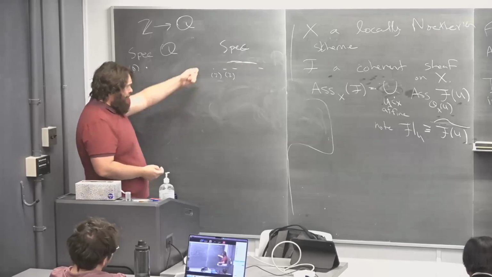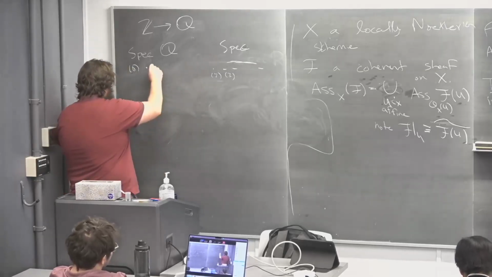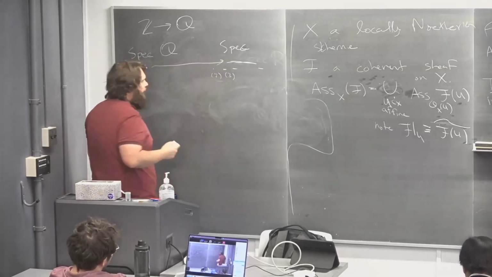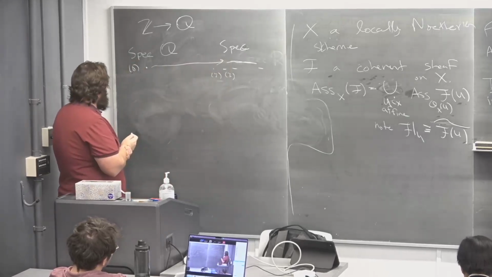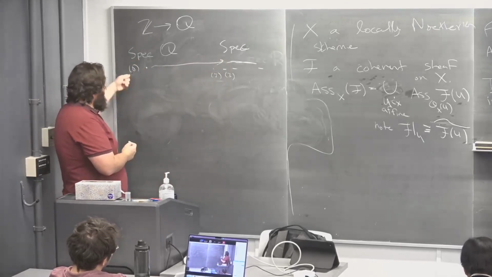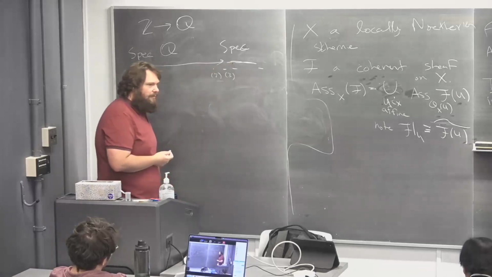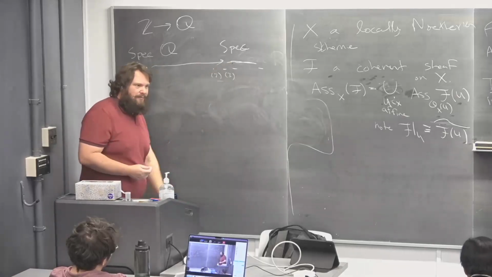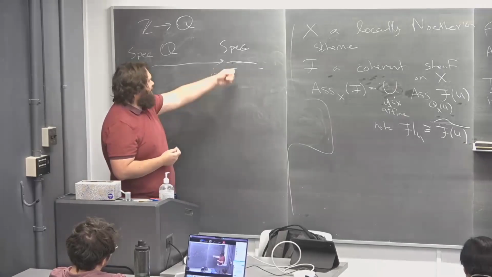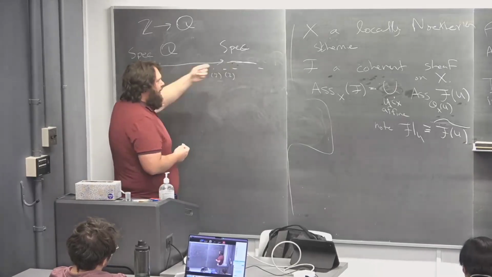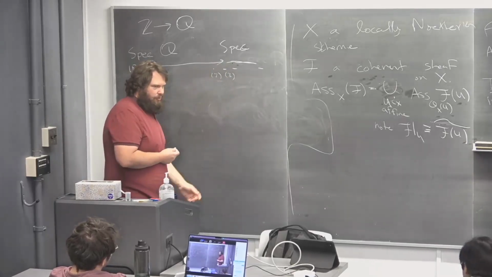The pre-image of the 0 ideal in Q is the 0 ideal here. So if I did the thing that corresponds to this ring homomorphism, I would send 0 to the generic point. And there aren't any other points of Spec of Q. And the stalk here is Q, so I get the obvious identification.